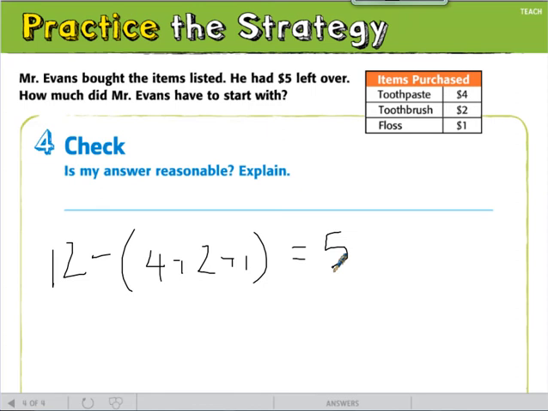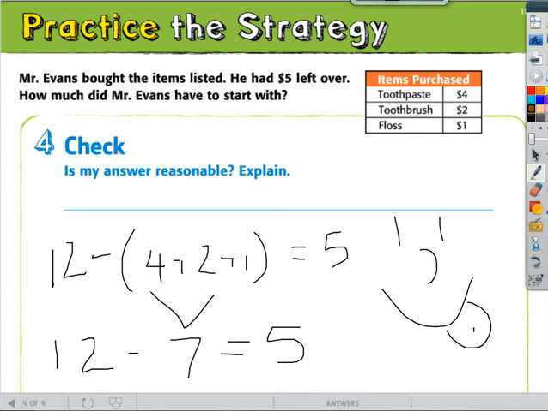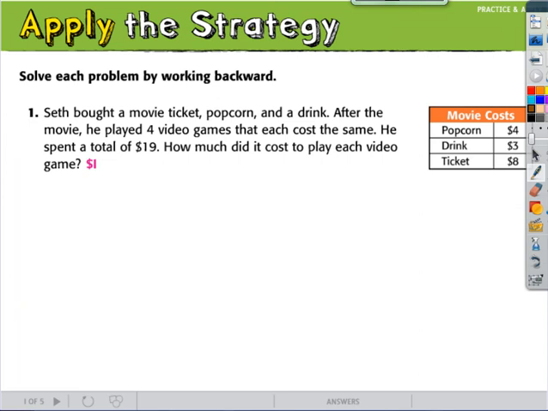So 4 plus 2 plus 1 you said is 7, correct? So we have 12 minus 7 equals 5. Is that correct? Yes? Good, you get another smiley face. You did good. And a tongue for Mr. Reed. Alright. So there you go, your answer is correct.